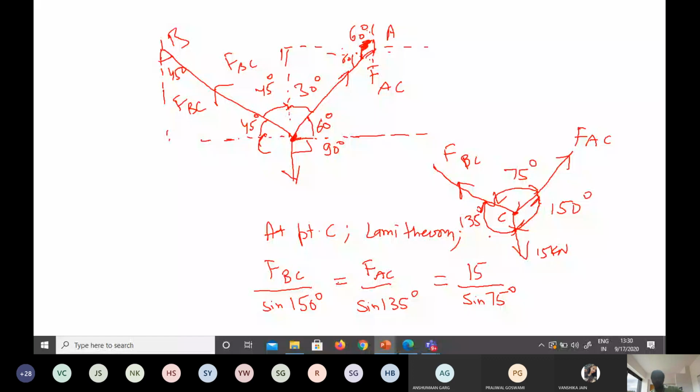So calculate it. After calculating, tell me what values you are getting. FBC how much? FBC 7.76 Newton. FAC is 10.97, 10.98, whatever. Okay. No issues in that.